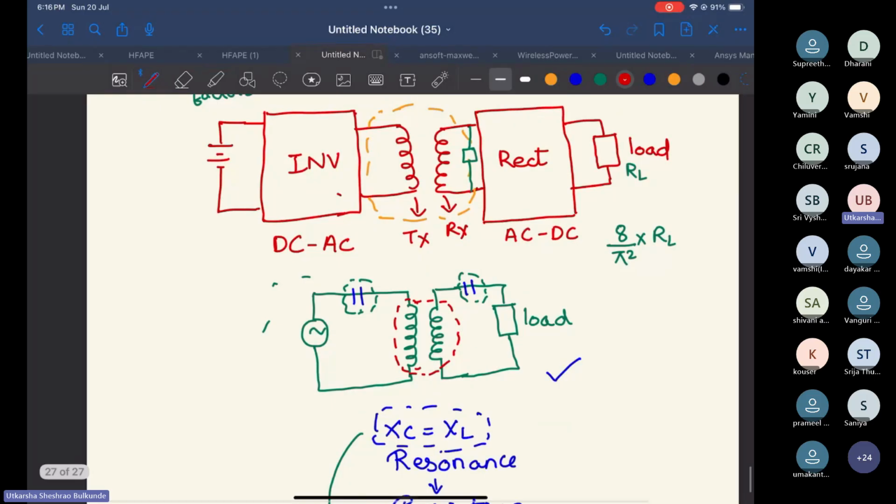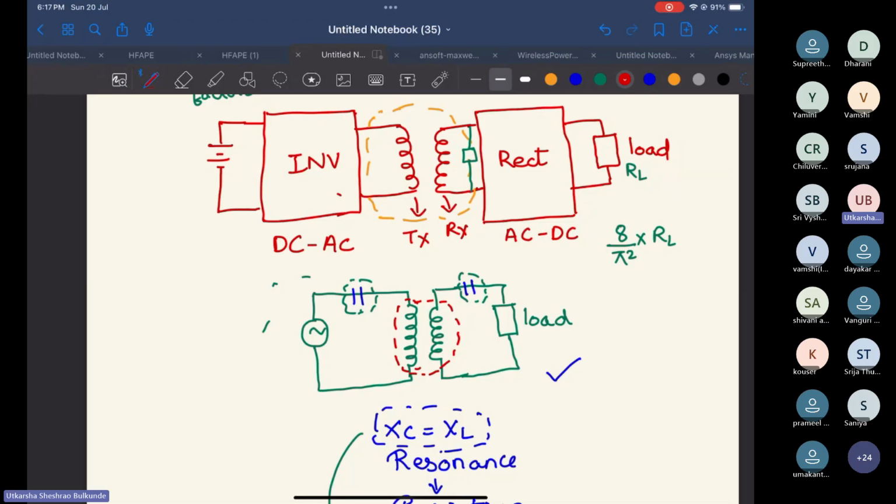Now you can see we have discussed this in the morning also, but I'm repeating myself. For wireless power transfer, we need a coil, right? And that coil will have certain inductance, right? Because of that inductance, the VA rating of your system will increase, right? Because of this inductance, there comes resistance plus reactance, right?